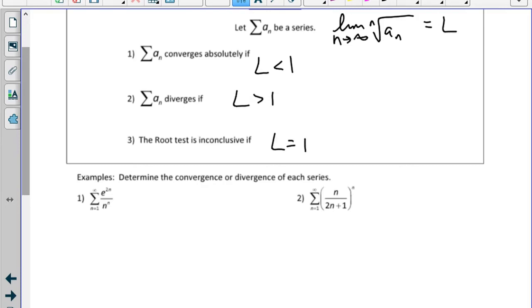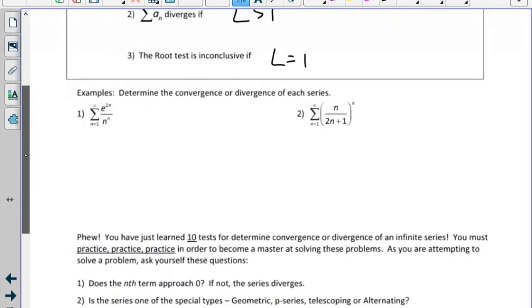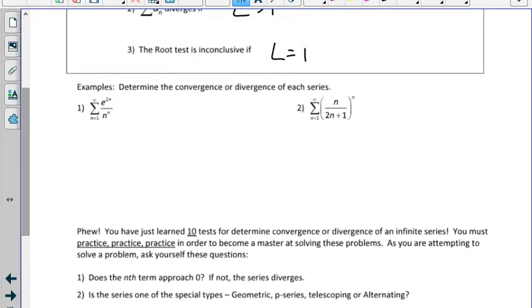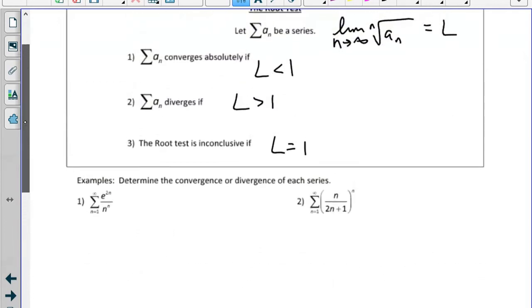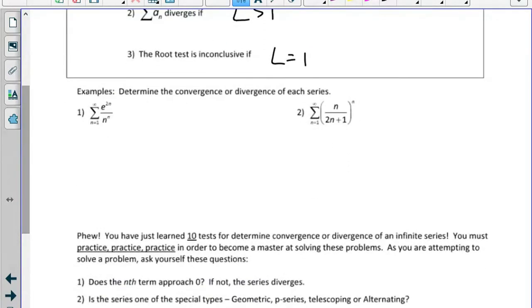So this is basically the exact same test as the ratio test, except we do some square or cube or nth roots of something. So what we're going to do here is notice that we have nth powers. So let's do the nth root test. So the limit as n goes to infinity of the nth root of e to the 2n over n to the n.